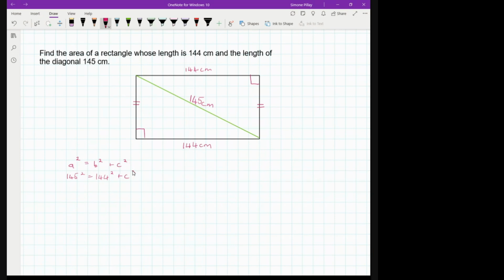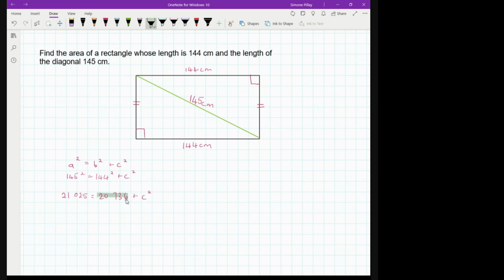145 squared is my calculator. Why is it not working? It's okay, I filled it in for you. It's 21,025. Yes, ma'am. And 144 squared I'm also doing is 20,736.